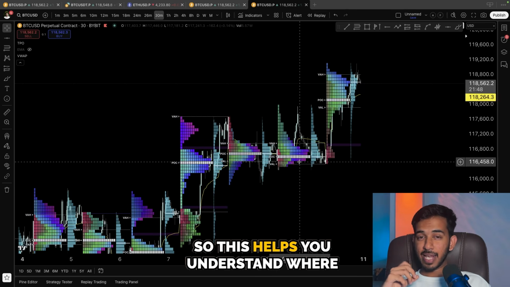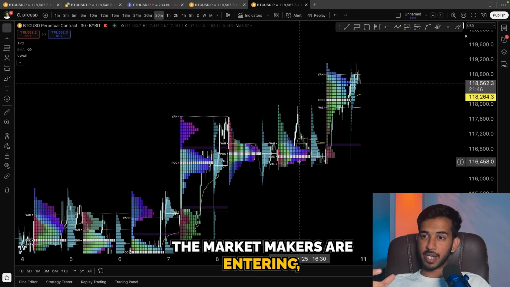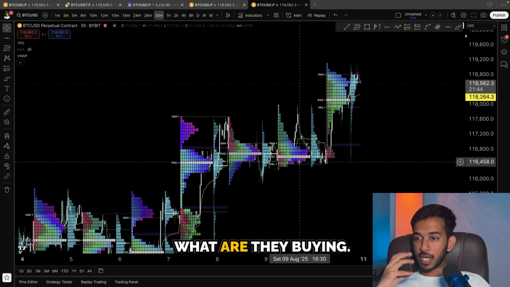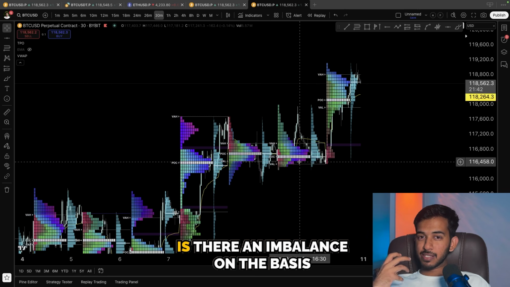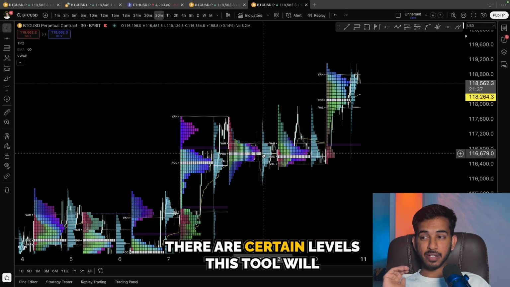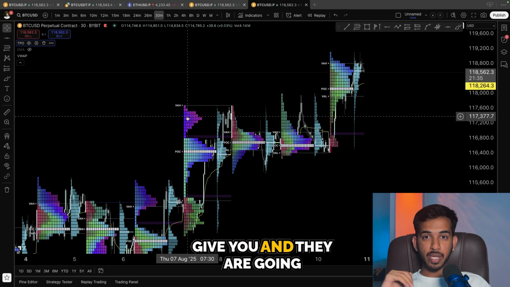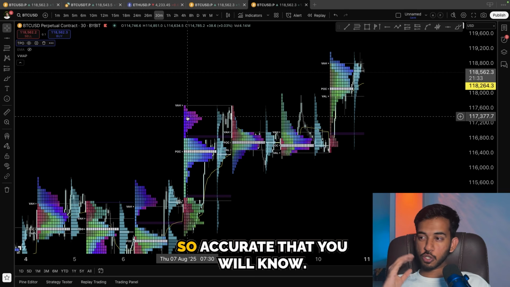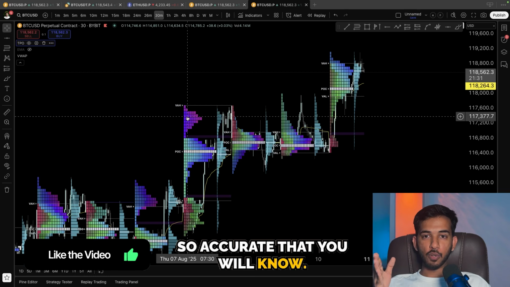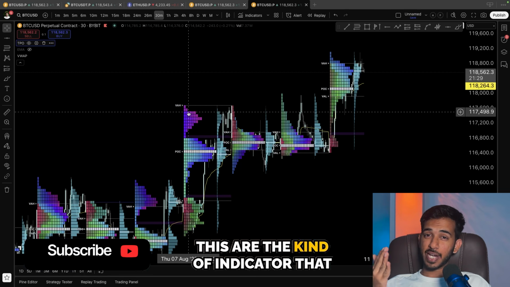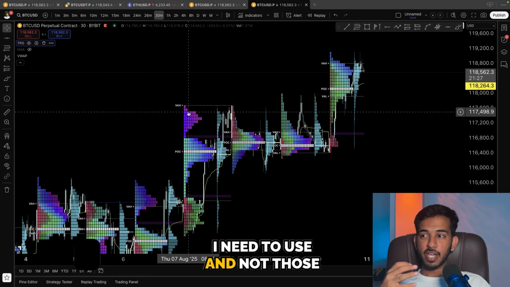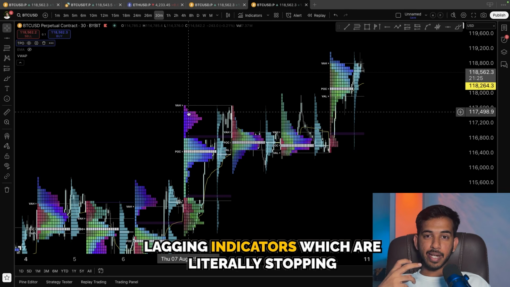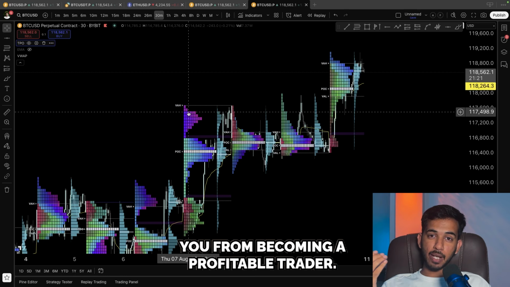All right. So this helps you understand where the market makers are entering, where they are exiting, what they are buying, when they are buying, is there an imbalance on the basis of timing? Because trust me, there are certain levels this tool will give you that are so bang on, so accurate, that you will feel, okay, this is the kind of indicator I need to use, and not those lagging indicators which are literally stopping you from becoming a profitable trader.